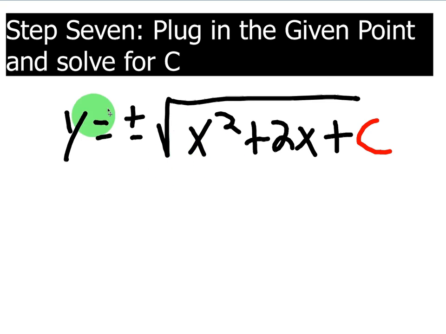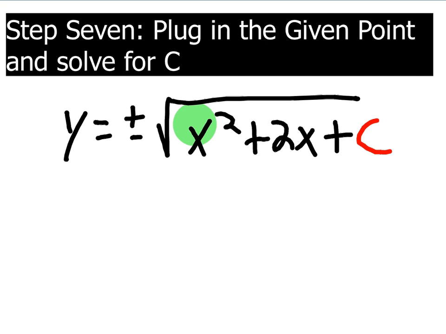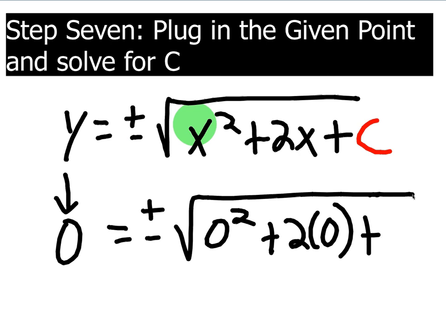Again, we want to find a particular solution at the point 0, 0. We want to find an equation for this line. So all we have to do is replace both y and x with 0, or whatever they particularly gave us. So there's that. Now I'm going to replace x with 0 as well and solve for C. So real quickly, we get 0 is equal to plus or minus the square root.